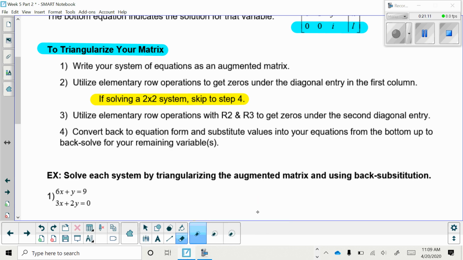Step 3, utilize elementary row operations with row 2 and row 3 to get zeros under the second diagonal entry. And then 4, convert back to equation form and substitute values into your equations from the bottom up to back solve for your remaining variables.